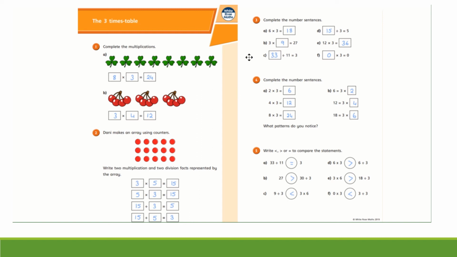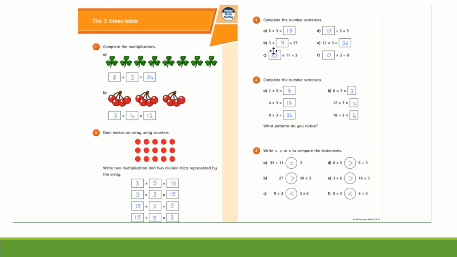Good start. Number 3, complete the number sentences. A, 6 multiplied by 3 equals 18. B, we had 3 and we had 27, and we know that 9 multiplied by 3 equals 27, or if you knew that 27 divided by 3, the answer was 9.